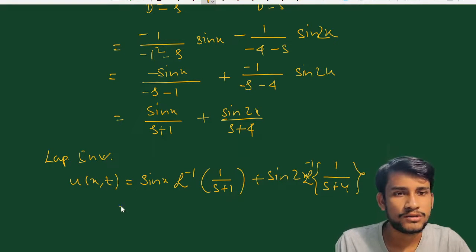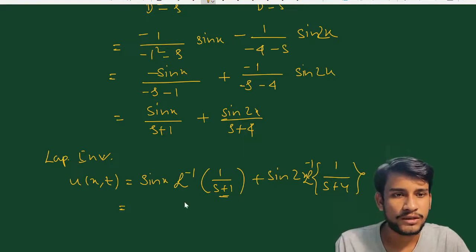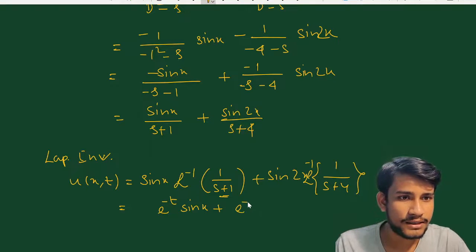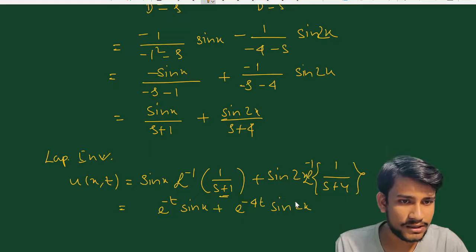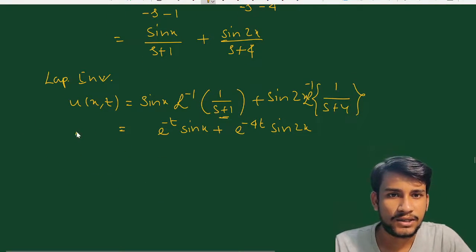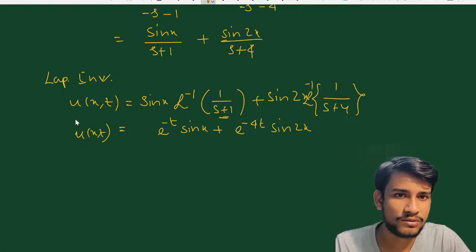Clear? So what will be the inverse Laplace? e to the power minus t into sin x plus e to the power minus 4t into sin 2x. Clear? This will be the Laplace transform.